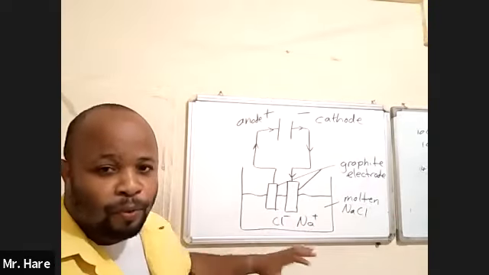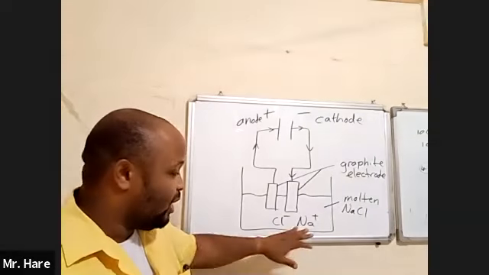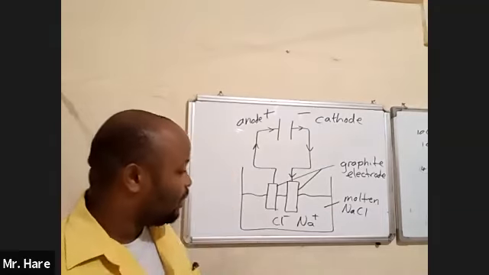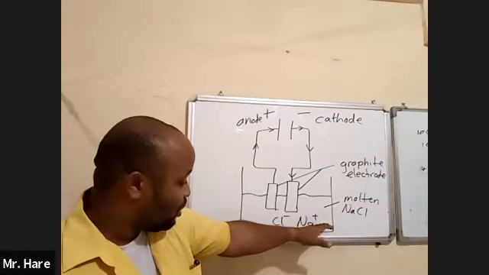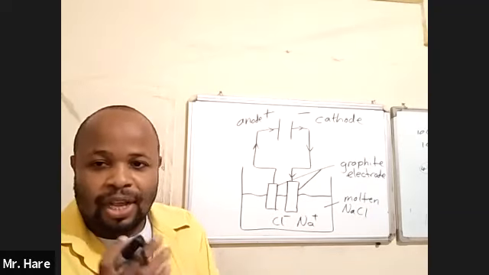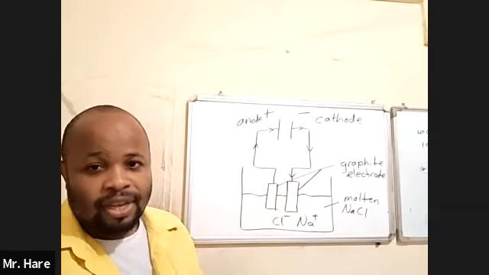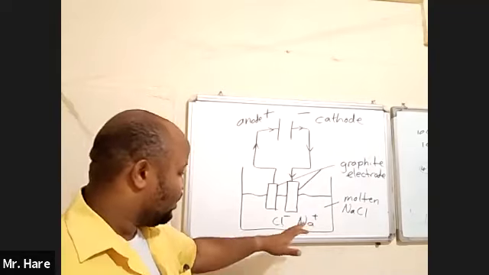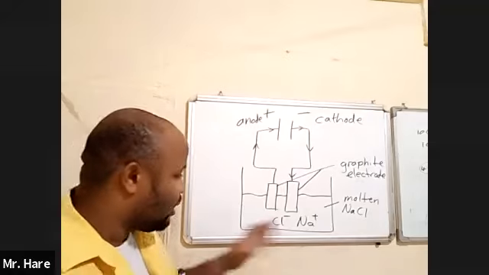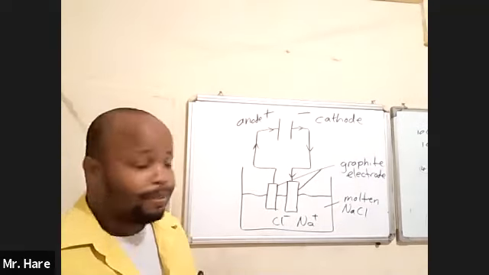I'm going to show you what happened with the ions. So the setup is the same. That is why I was saying all you need is a solution with mobile ions. It doesn't matter which ions I use. As long as it has ions, we're good. So there's acid, salt, alkaline, it's good.